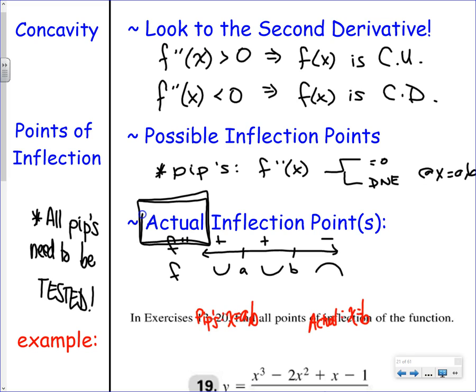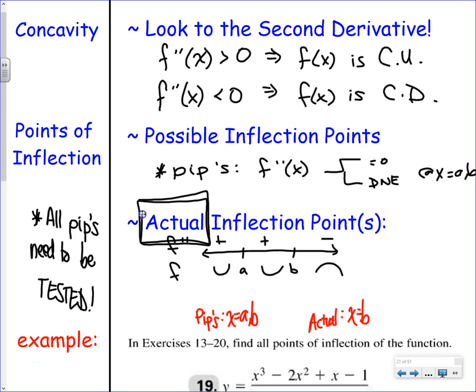So we must test. Without testing, we could have made a grave error. And without stating a sign change, we could have missed a justification point.